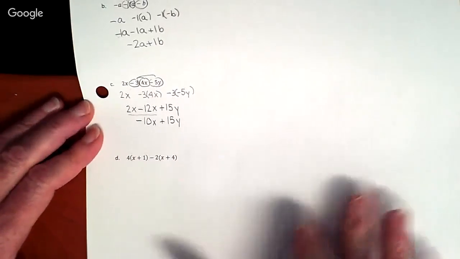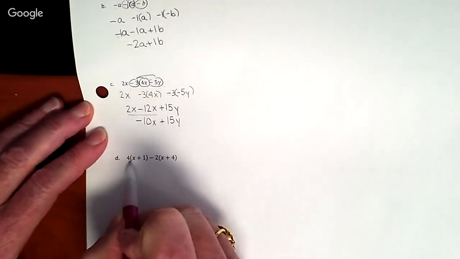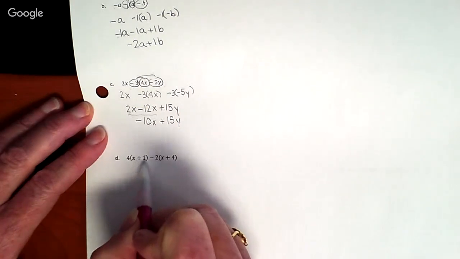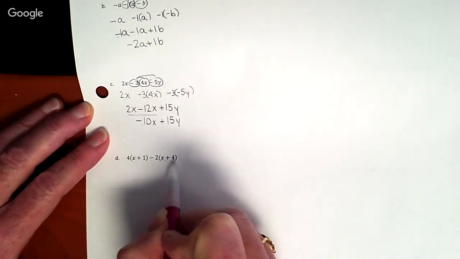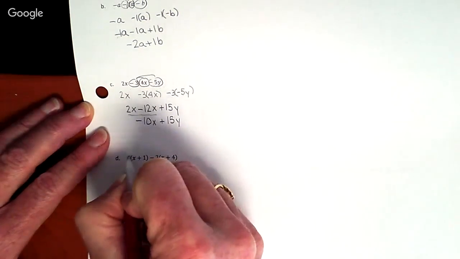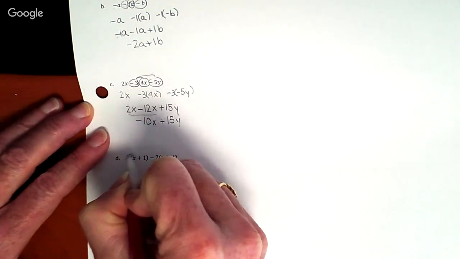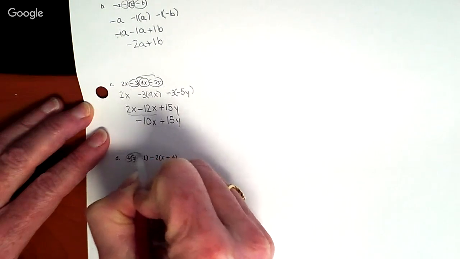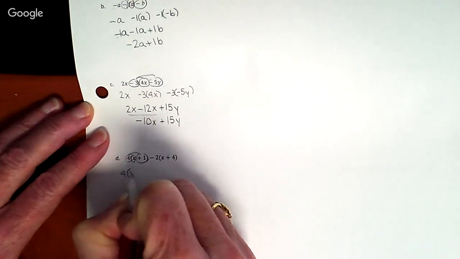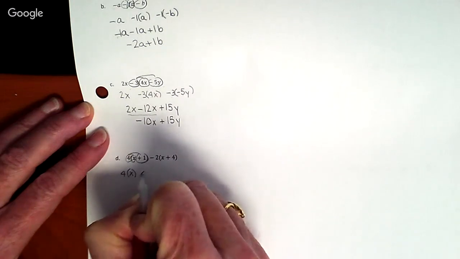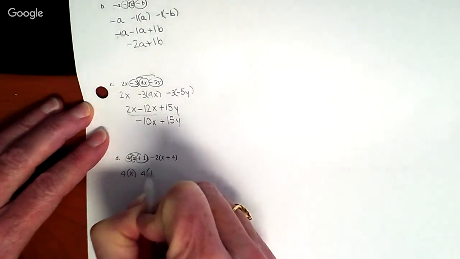Last, we have 4 times in parentheses x plus 1 minus 2 in parentheses x plus 4. So when we multiply all of these, we have 4 times x, 4 times a positive 1.